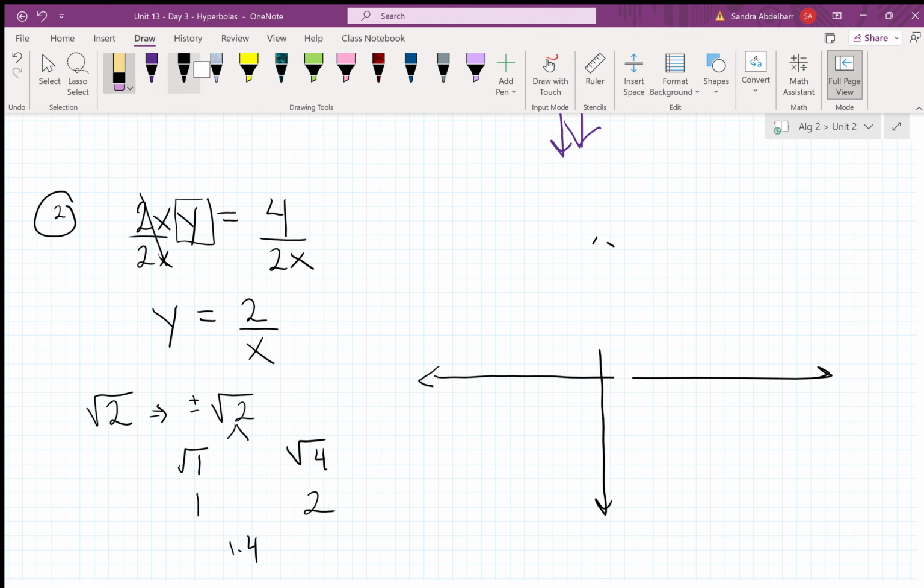See, let me fix my axes here because I'm sort of in between two lines. So I'm going to say this is root 2, this is root 2, this is negative root 2, it's negative root 2. So it would be like here and here.